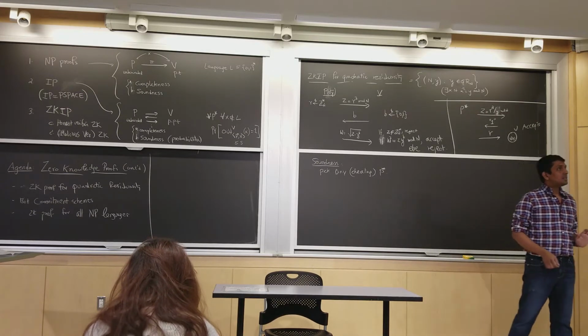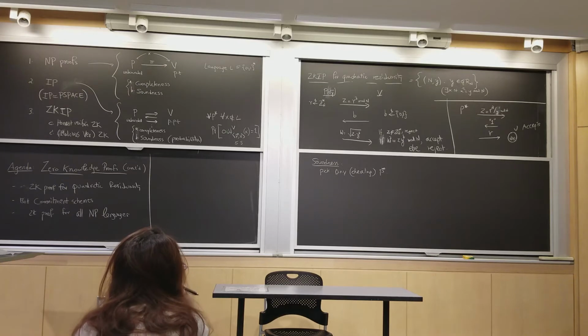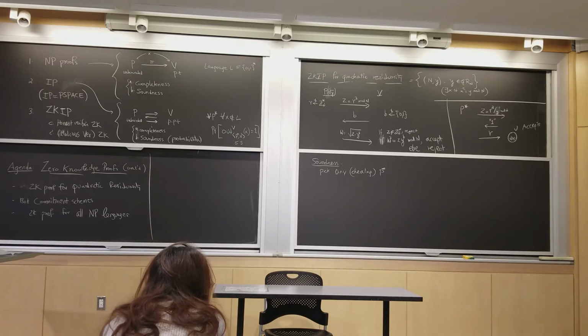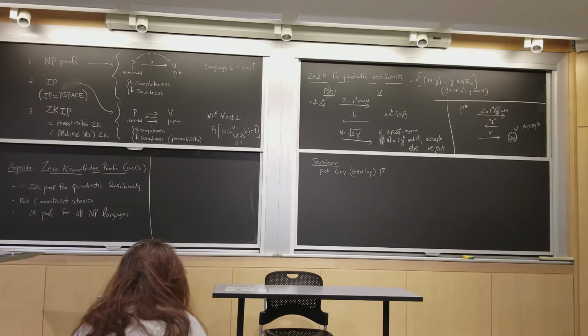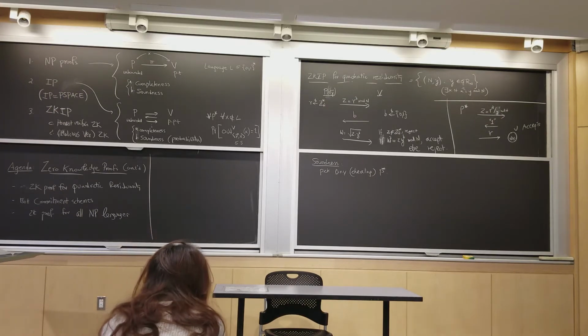Suppose for a moment that this P star can produce an accepting answer to both the 0 challenge and the 1 challenge, right? So there are only 2 challenges. So let's say he can either answer incorrectly on one, or correctly on both. Suppose he manages to answer correctly on both, and that's when he always manages to convince the verifier, right?